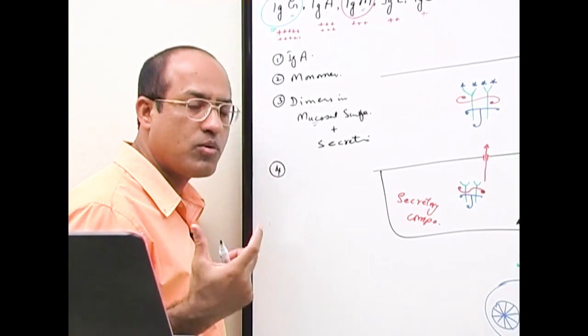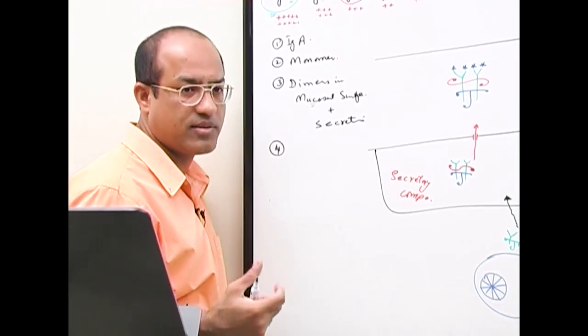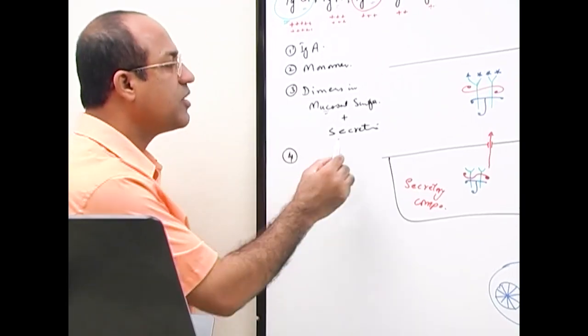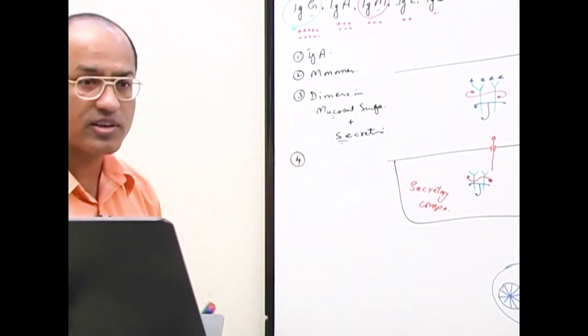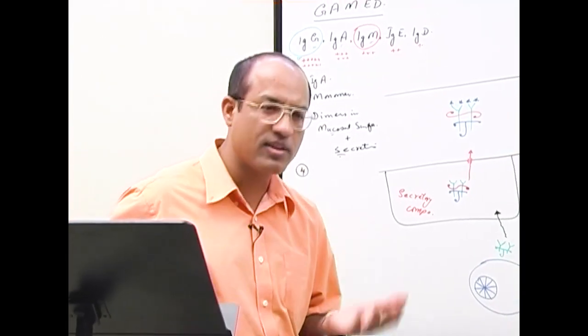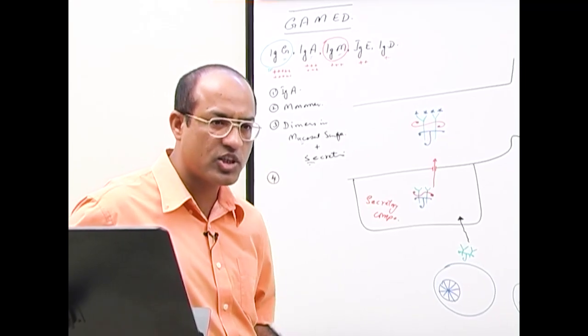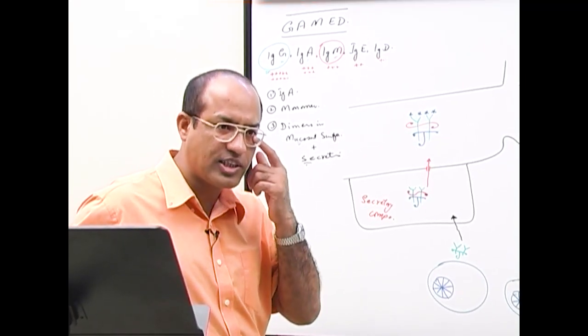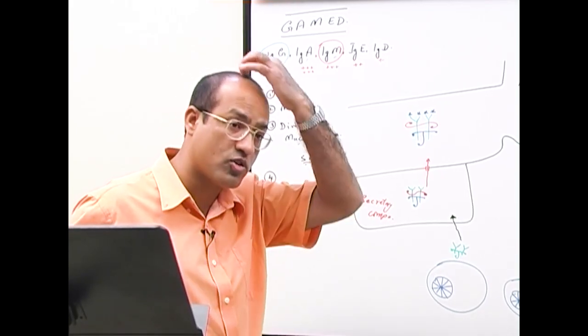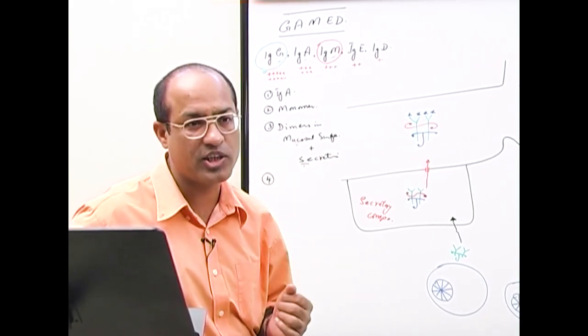So it's a mucosal defense mechanism against the invasion of many microbes, right? Secondly, which secretions? All the body secretions: respiratory secretions, gastrointestinal secretions, urogenital secretions, even tears, saliva, and milk, and especially colostrum has a large amount of IgA.